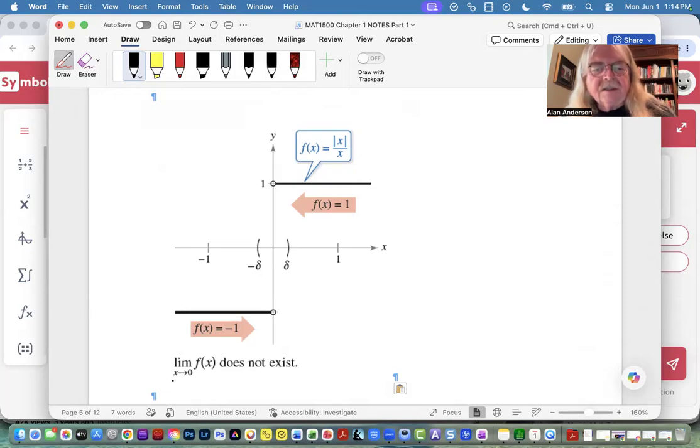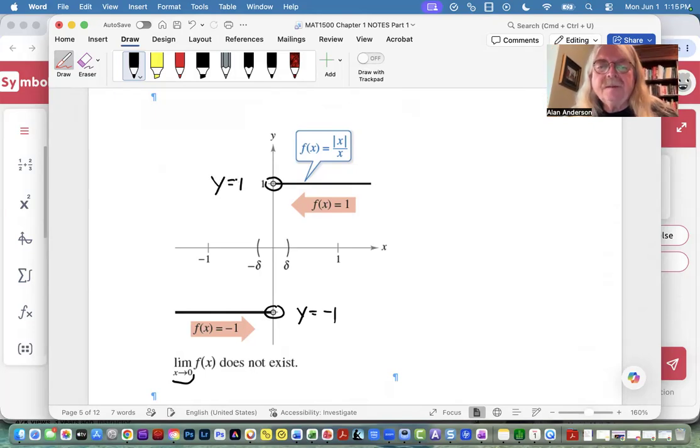As x, by the way, this is as x goes to 0, as x gets closer to 0 from the left, we're getting awfully close to y equals -1. But coming from the right-hand side, we're getting close to y equals +1.